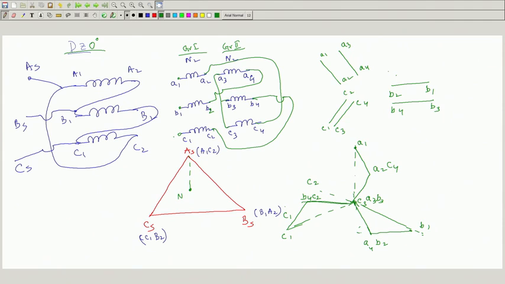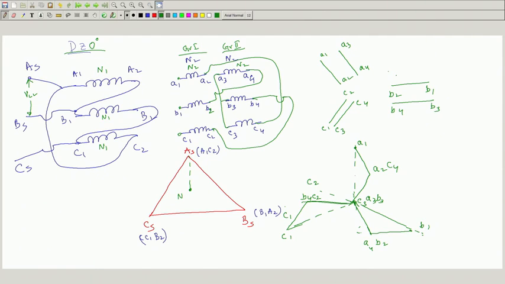Only one thing I will tell. In this case, suppose these turns are known: N1, N1, N1, and this is N2, N2. Now, the same flux is linking this. Suppose you have applied a line to line voltage VLL here. Try to understand what I am doing. I know the turns ratio, I have applied VLL, which is known.